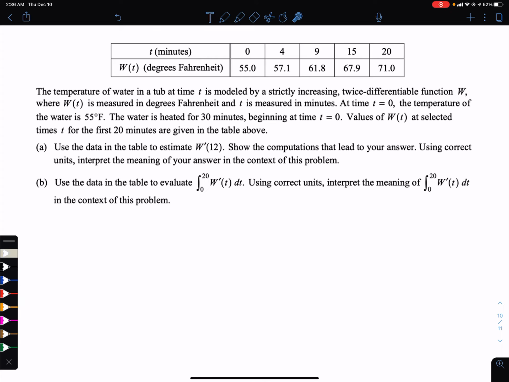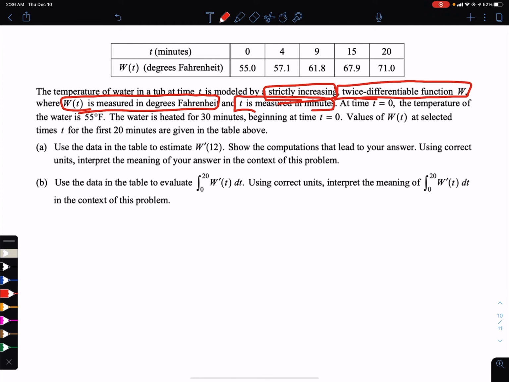Okay, the temperature of water in a tub at time t is modeled by the strictly increasing function W. So we know it's increasing. We know the first and second derivatives exist everywhere. W is measured in degrees Fahrenheit, and t is measured in minutes.